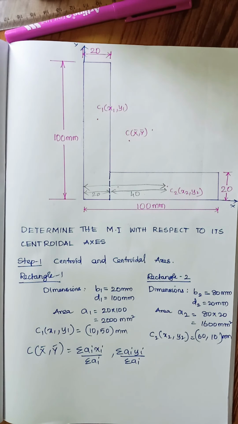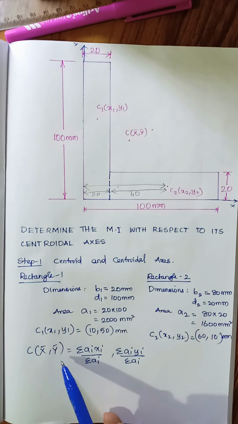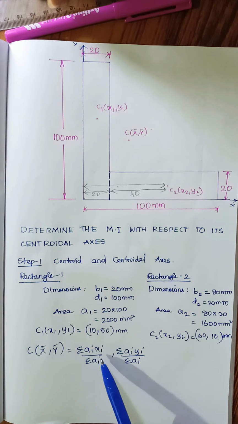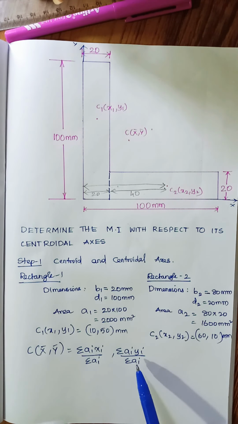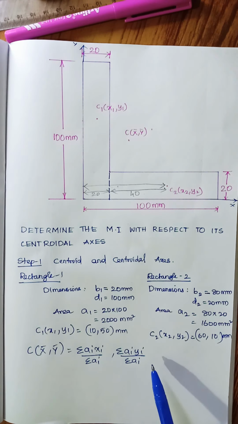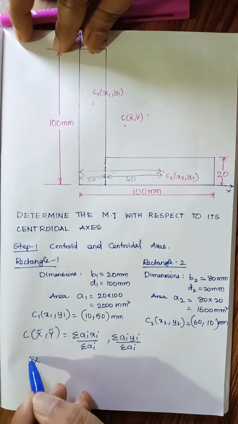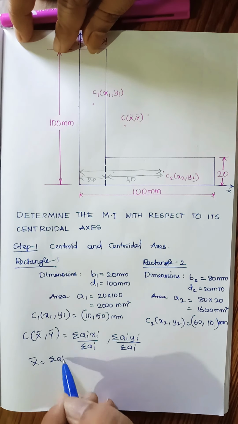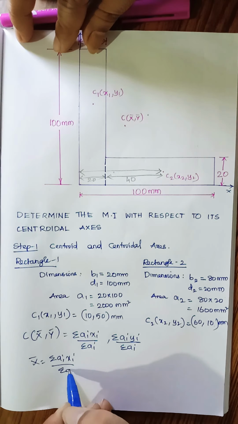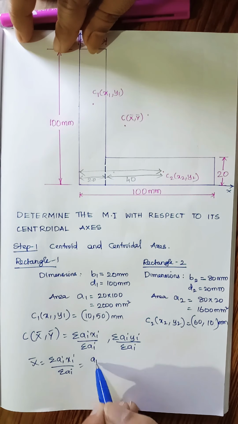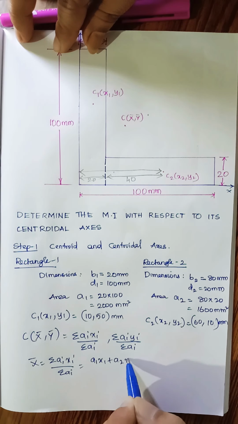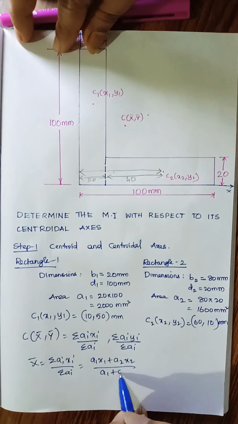The next step is to calculate the centroid for the given section. We have the formula capital C (x bar, y bar), which is equal to sigma Ai xi divided by sigma Ai, and sigma Ai yi divided by sigma Ai. So expanding the formula here, x bar is equal to sigma Ai xi divided by sigma Ai. This can be written as (A1 x1 plus A2 x2) by (A1 plus A2).